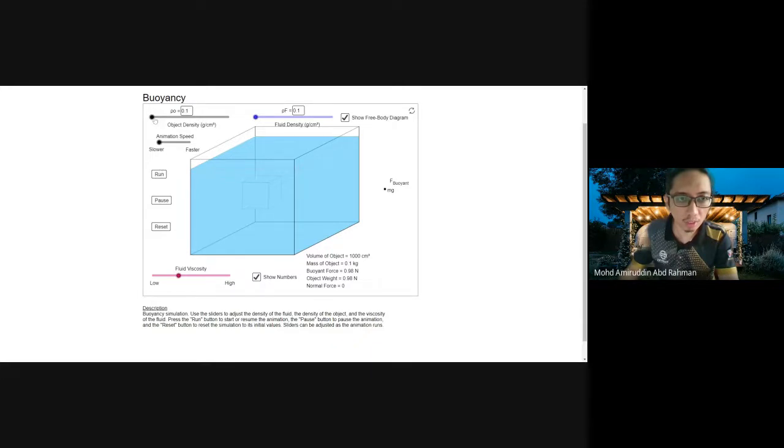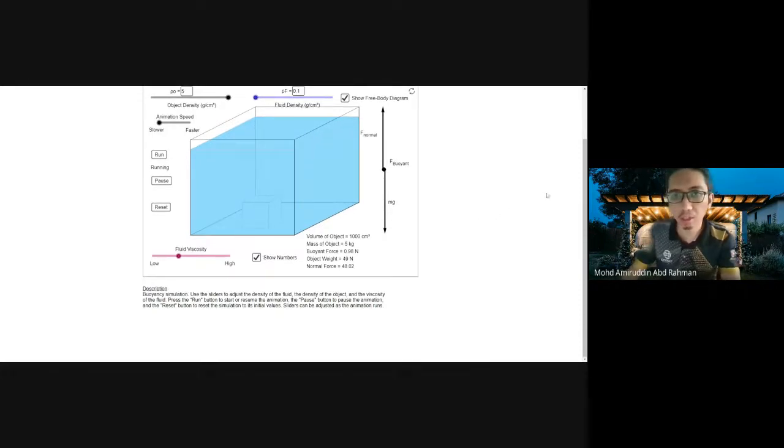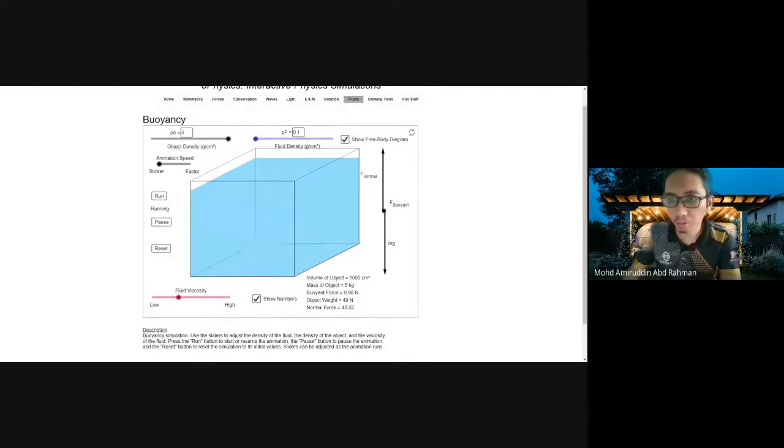You can see that you have the free body diagram over there. You can see the buoyant force once you run the simulation. So you can see the buoyant force minus the weight, so you get the net force for that.